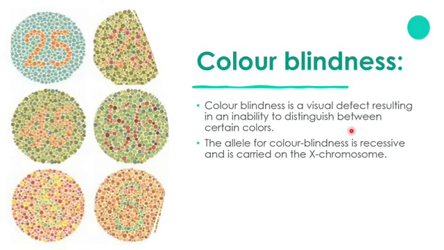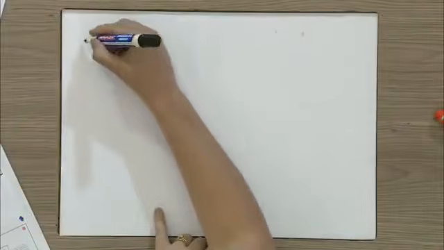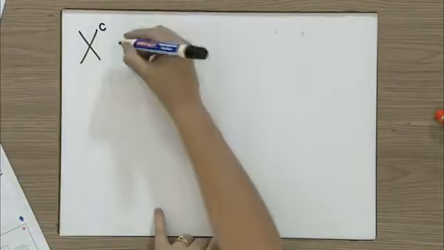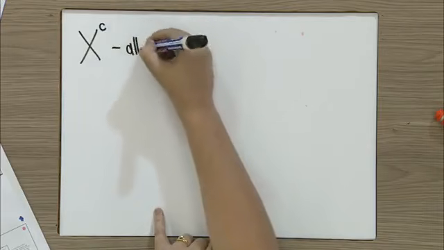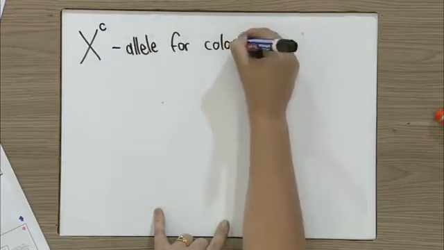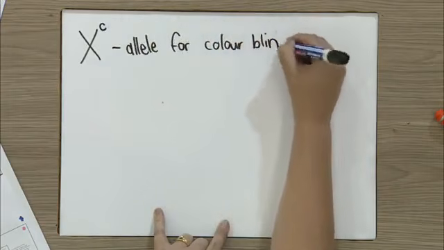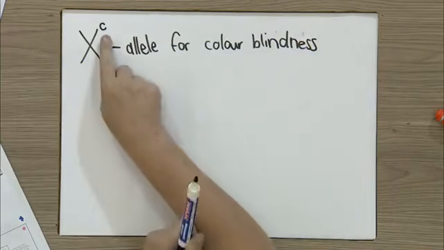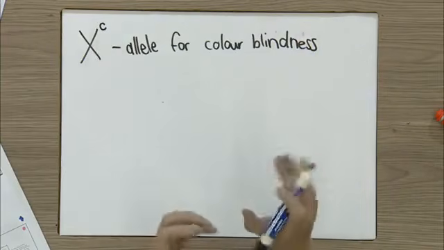So if I put that in the same format on my whiteboard for you, they will tell you in the exam that, let's say, that is the allele for color blindness. So an X with a little C at the top.